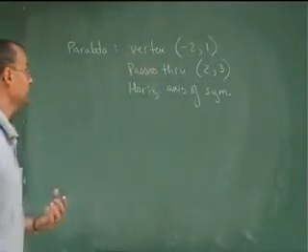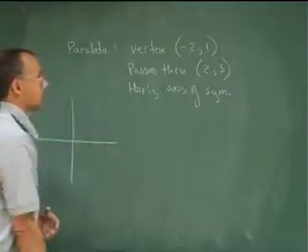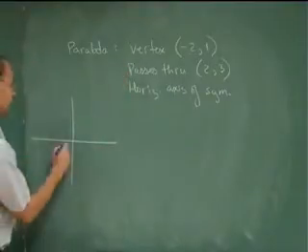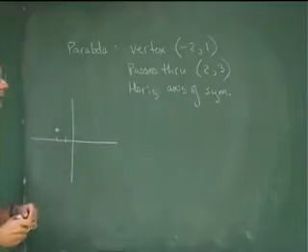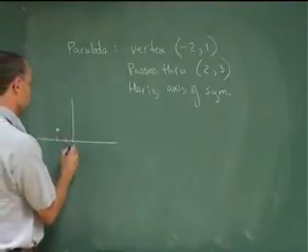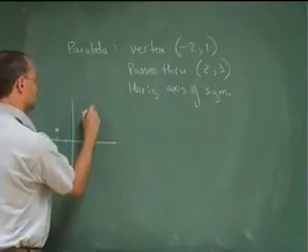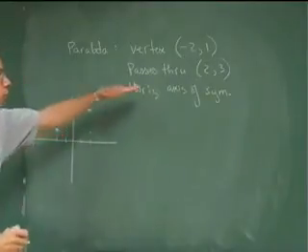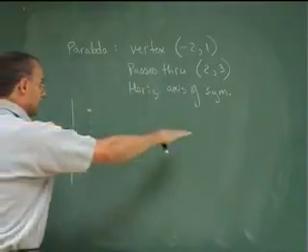Now, that's enough to show me exactly what it would look like. Okay. Vertex is at negative 2 and 1. So there's the vertex of the thing. It passes through the point 2, up 3. But we're told it has a horizontal axis of symmetry. Well, horizontal means this way.